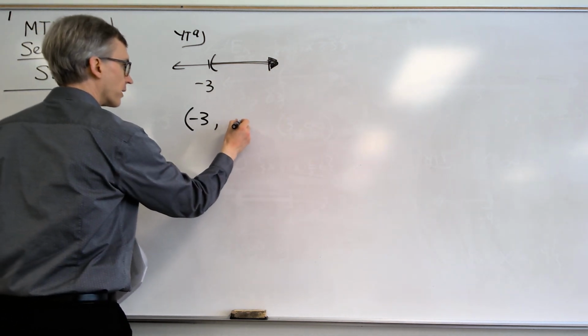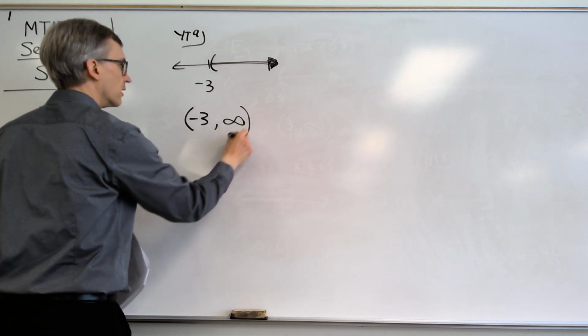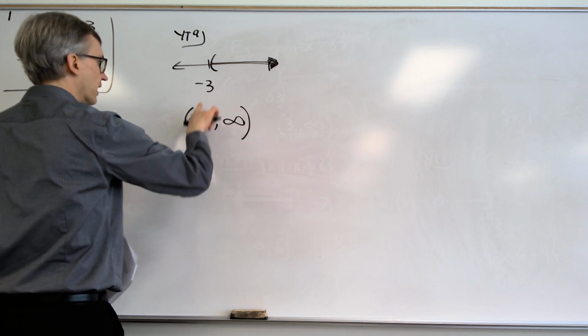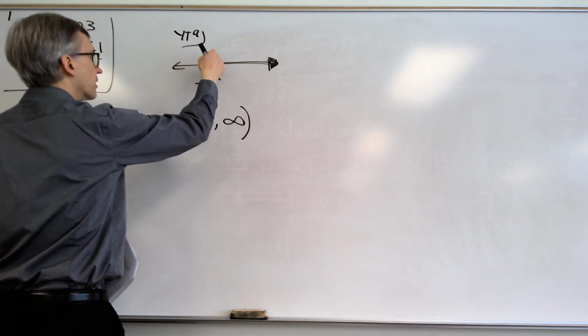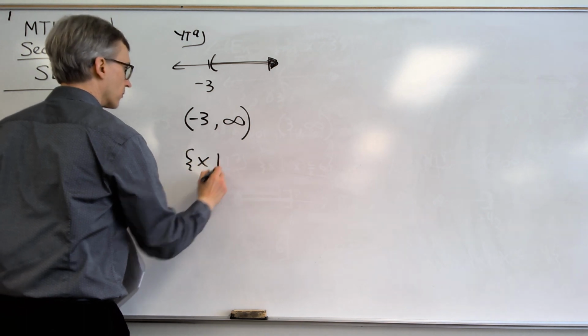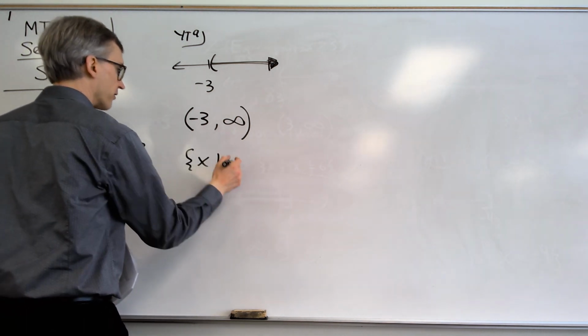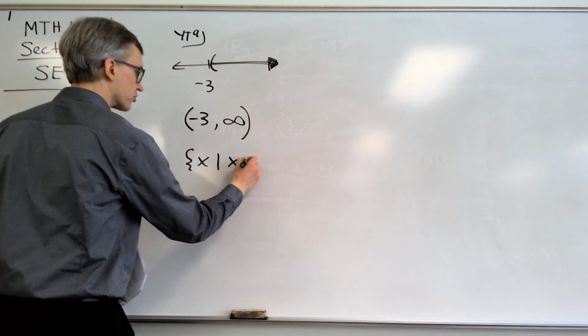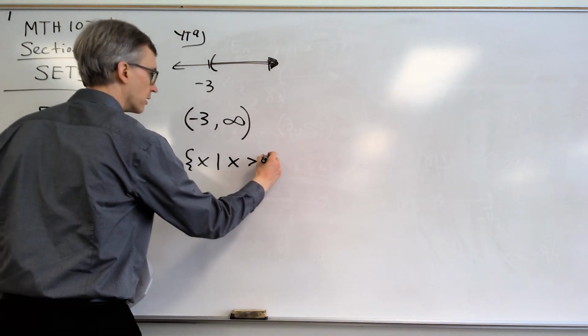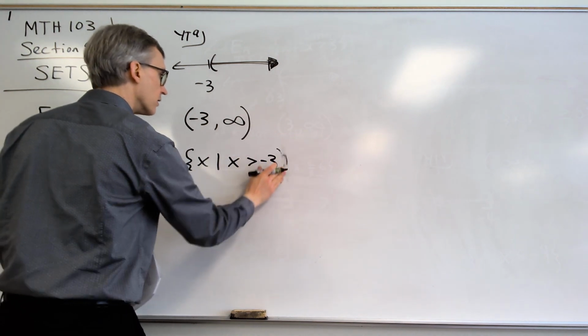So that's going to be all the way out to positive infinity. All right, filled in arrow corresponds with infinity. And then we got -3 here, and since it is a parenthesis here, it's parenthesis here. And it's going to be every number greater than -3, so x strictly greater than corresponds with parenthesis, -3.